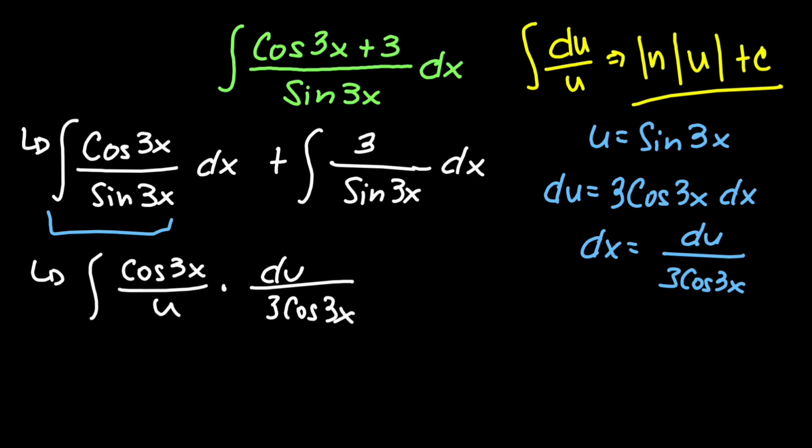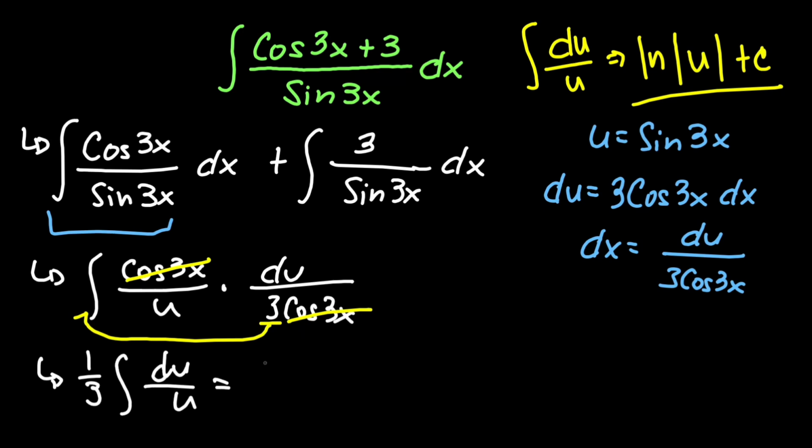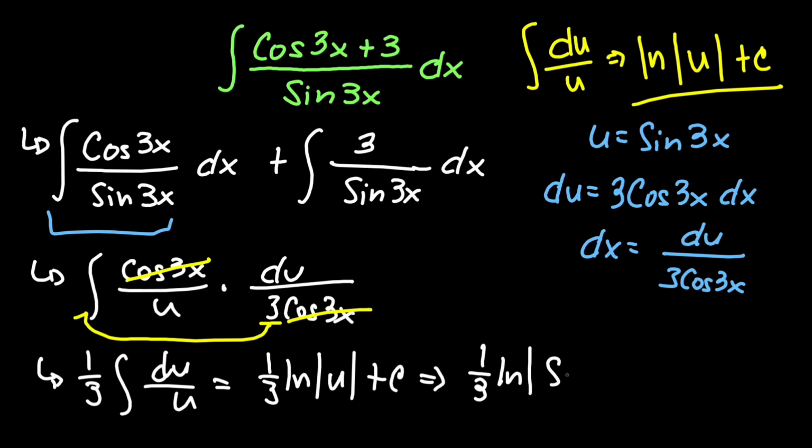You can see here, now we can freely cancel this cosine 3x, and we can put 3 outside the integral. So we are left with 1/3 the integral of du over u, which is equal to 1/3 natural log of the absolute value of u plus c, which makes the answer 1/3 natural log of the absolute value of sine 3x plus c. This is the answer for the first part.